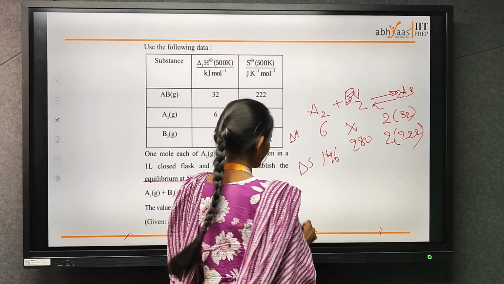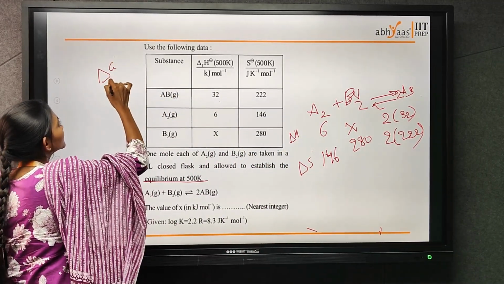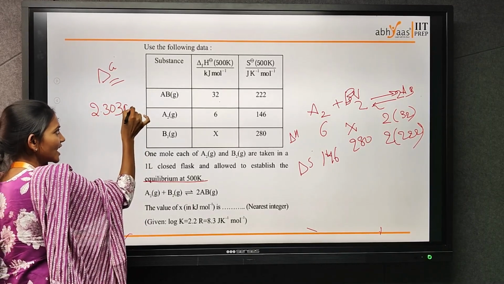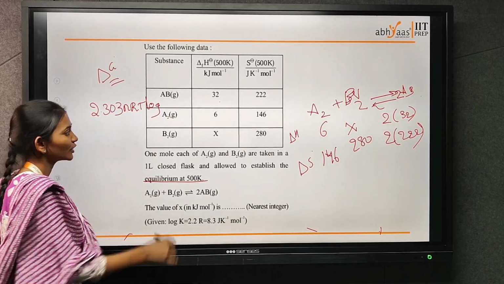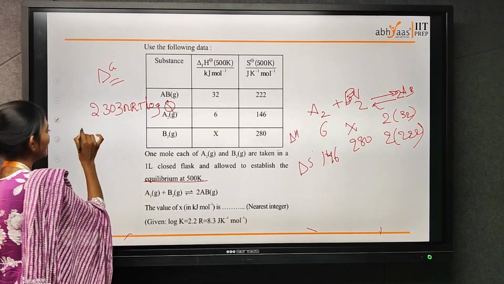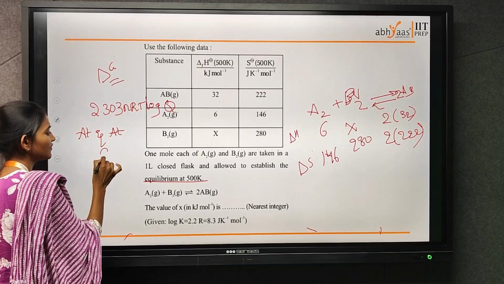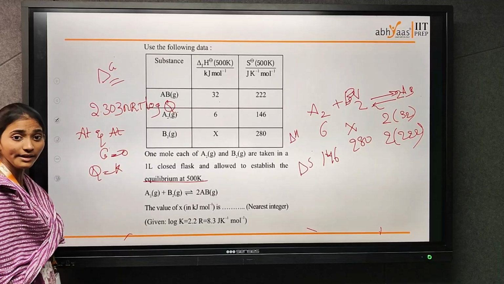But for the equilibrium constant, you note that delta G is equal to delta G naught plus 2.303 RT log Q, right? But at equilibrium, what will happen? Delta G will be 0 and your Q will be K, right?